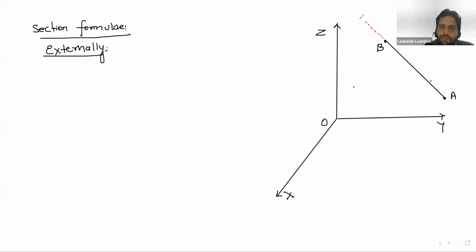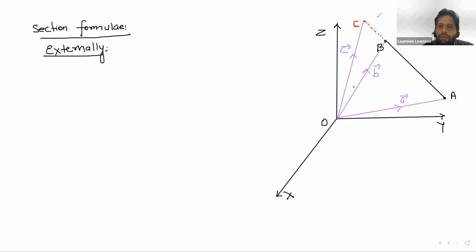The sign will change to negative. This is C. Here it is vector A, it is vector B, and it is vector C.